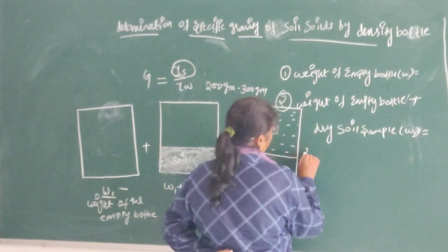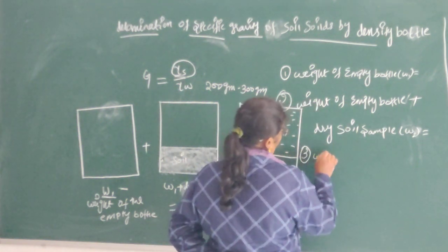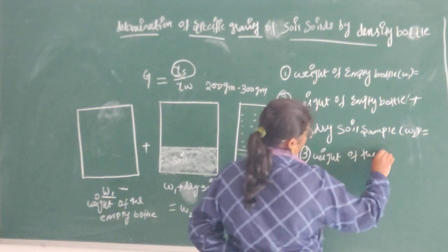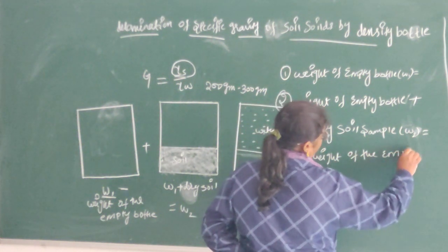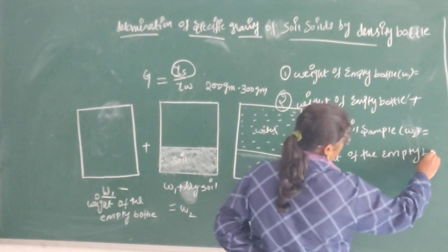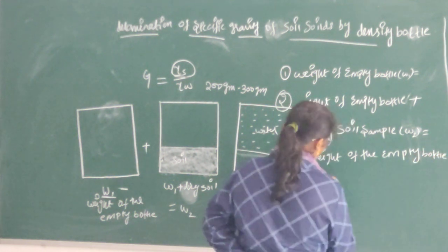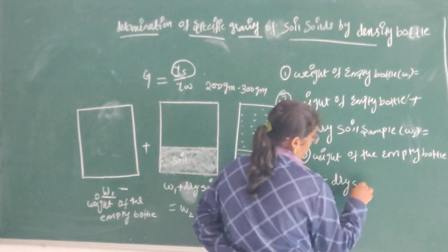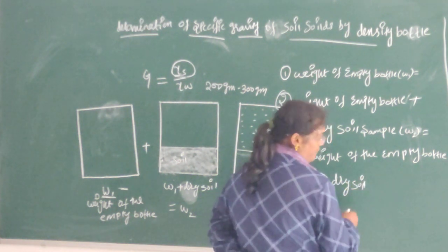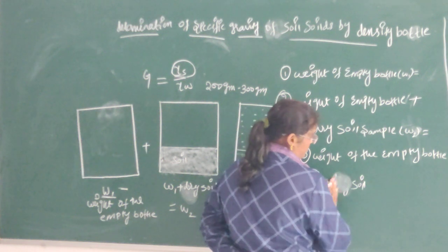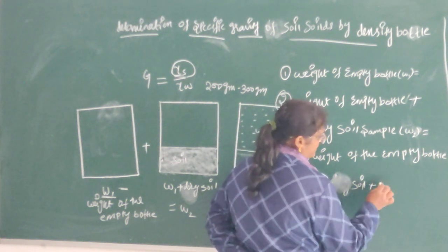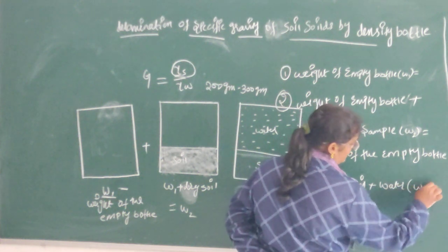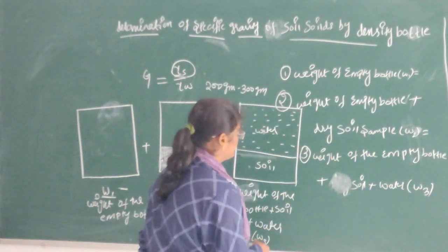The third one is the weight of the empty bottle plus dry soil, which will obviously become wet whenever you mix it with water, plus water, will give you W3.